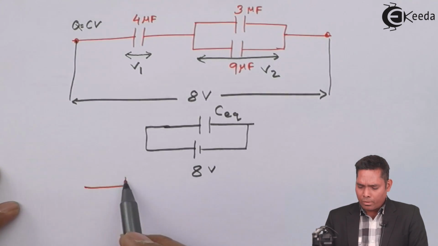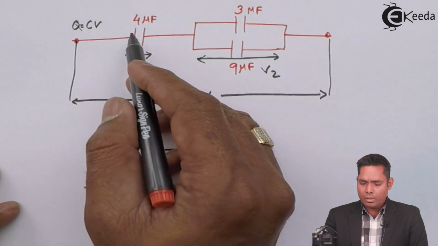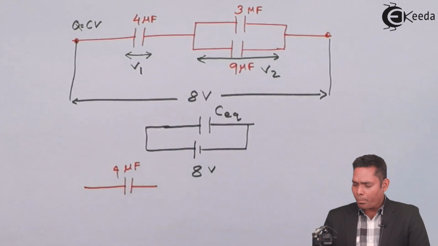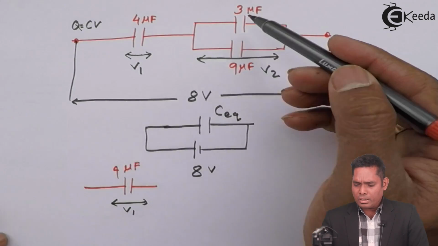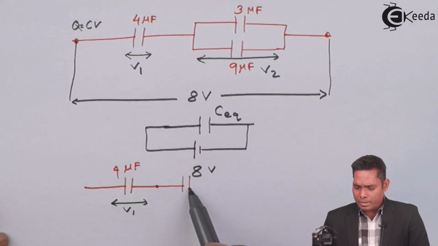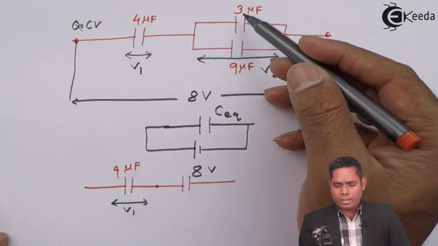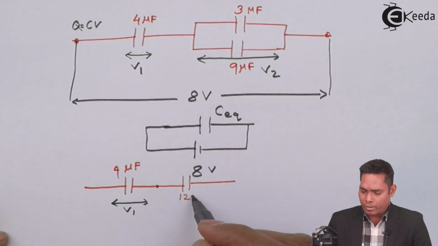Now this is 4 microfarad, this one, across which the potential drop is supposed to be V1, and the combination of these two here, the equivalent capacitance, these two are in parallel, so 9 plus 3, this is 12 microfarad.